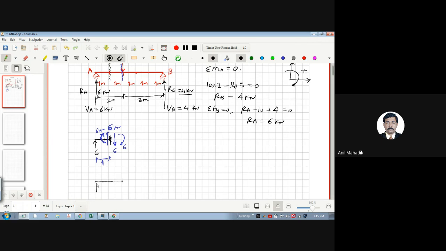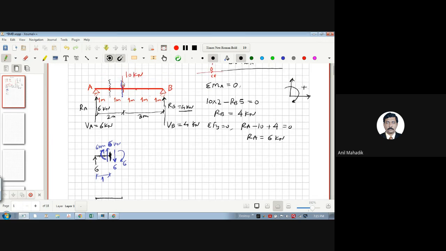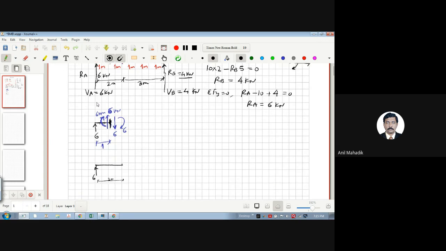So we have this 6. I'm considering this is the 2 meter distance from the support. So this distance is 2 meters. Now, is there anybody here? If you see this diagram, there are no forces to the left side, left side of the blue color section. Only there is a vertical reaction, which I have drawn here.